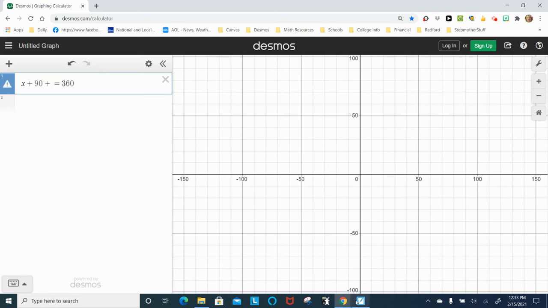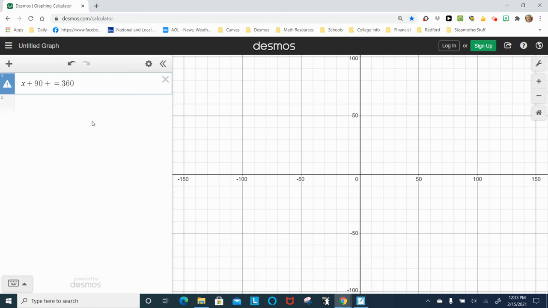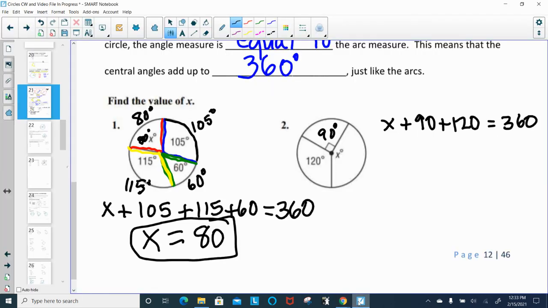Let me just make sure I have my numbers right. Let's see, 120. And I can see my answer sticking over here. It's 150. So that angle X is 150 degrees right here.